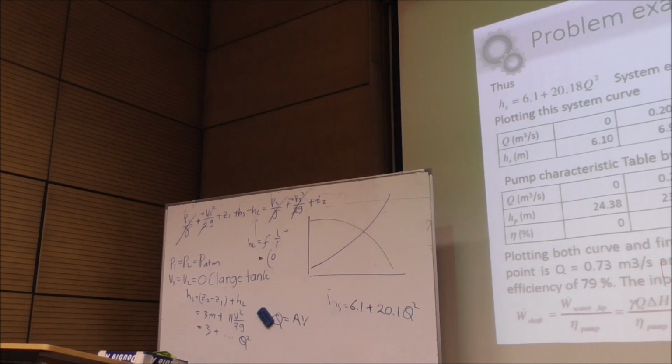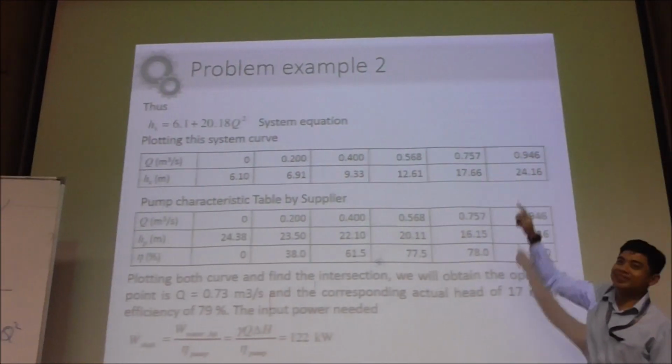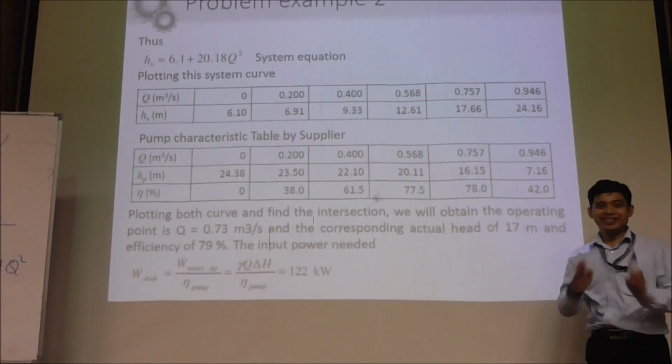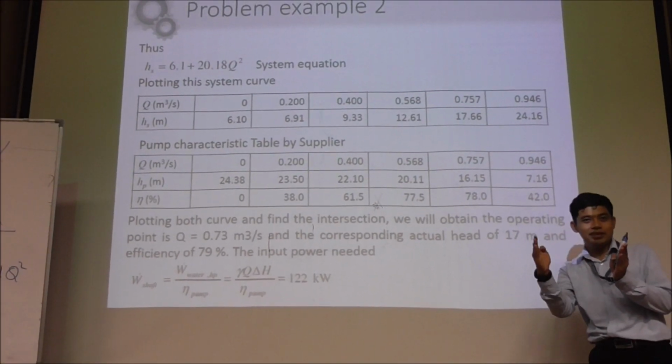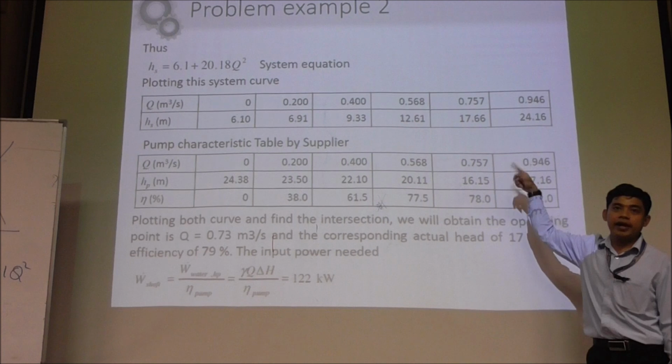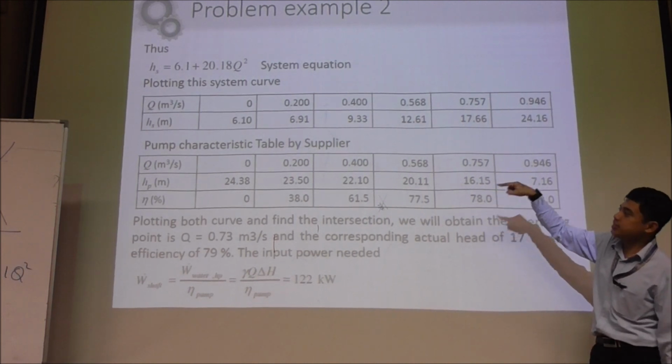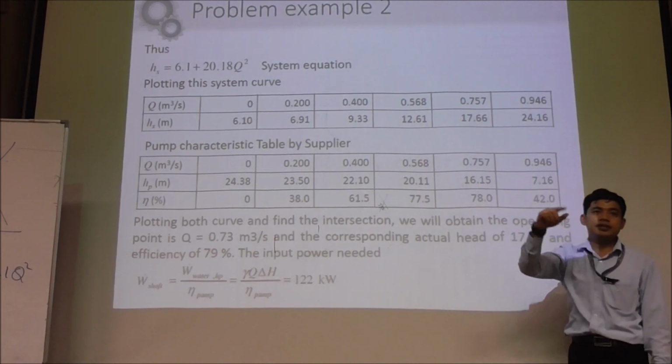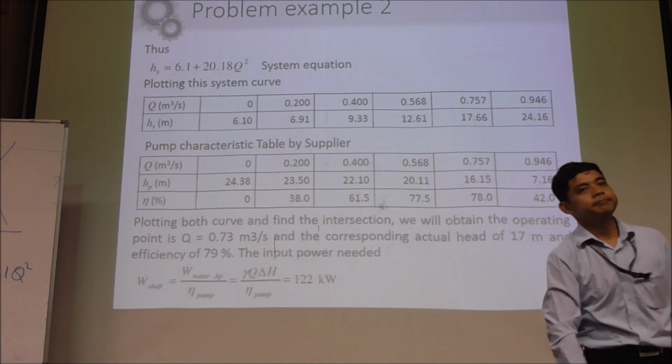You can see here, this one 17, this one 16. After that, it goes down, it goes up. So it's in between these two. So what will you do next? You play around with the numbers, you increase it a bit, and compare. When you have HS equal to HP, then that is your operating point.